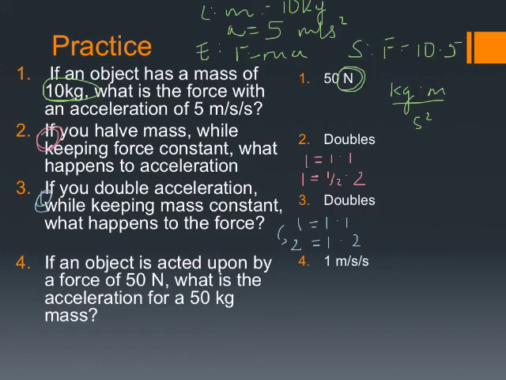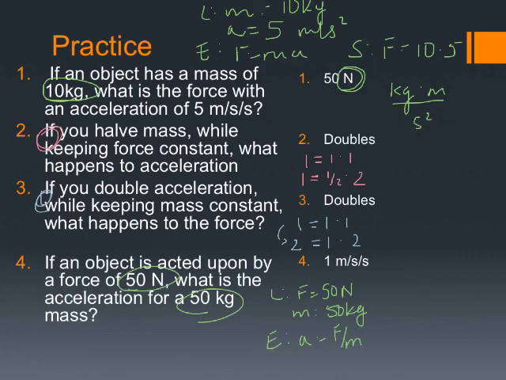An object is acted upon by a force of 50 newtons. What is the acceleration for a 50 kilogram mass? So let's go back to green on this one and we'll do our LESU. We know that F equals 50 newtons, all right, because that's a force. And we know our mass equals 50 kilograms. All right, our equation, we are solving for acceleration. So acceleration is force divided by mass.